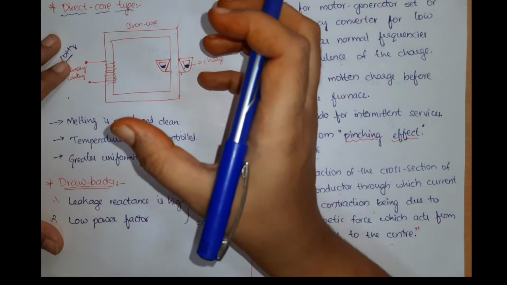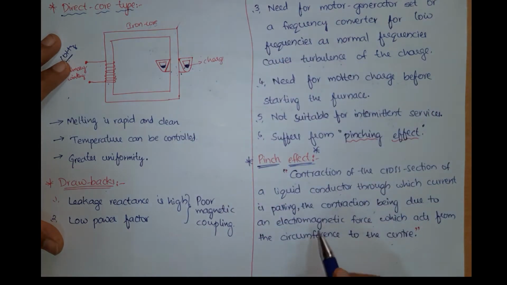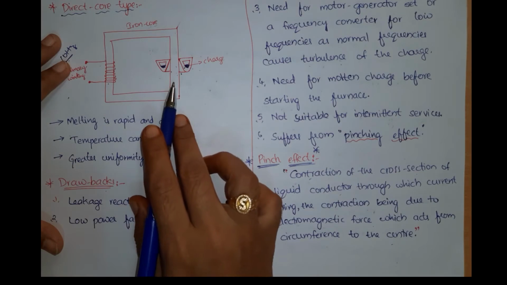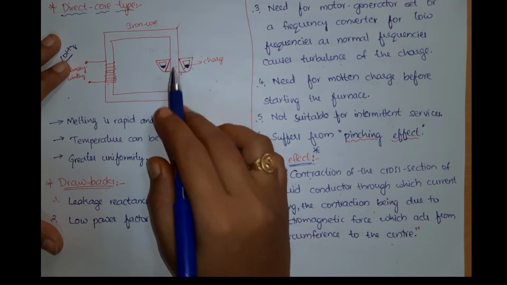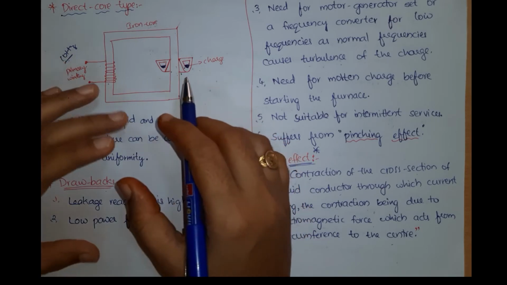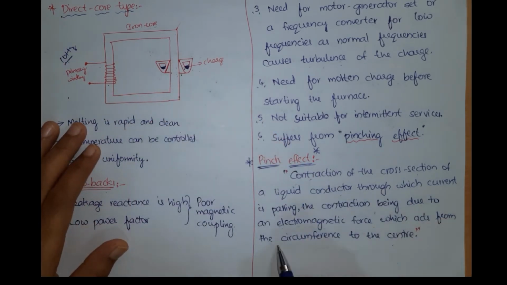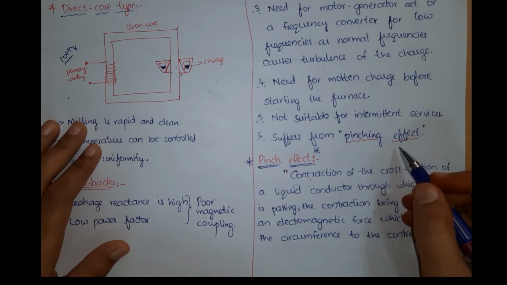That means it comes to the nearer part, so that a contraction across the cross section of the liquid happens, which forces the molten material to be closer. That means its area becomes less. So that force acts from the circumference to the center. So that effect is called the pinching effect, right?